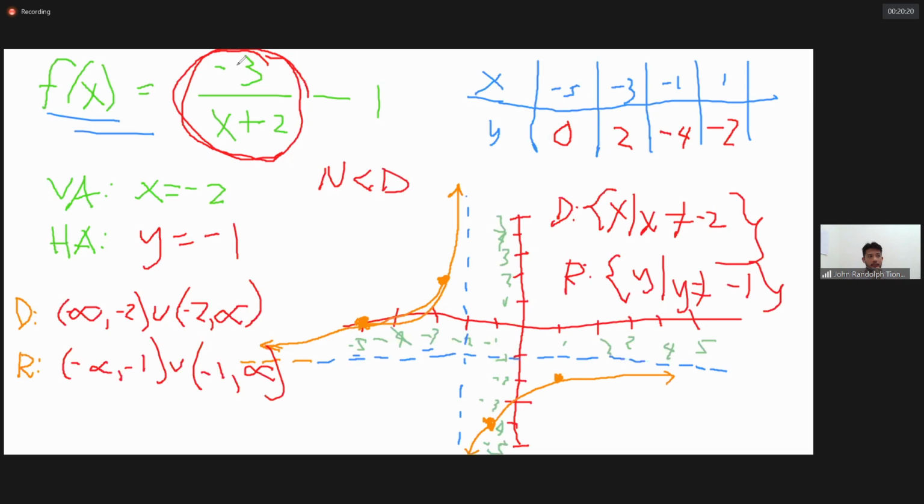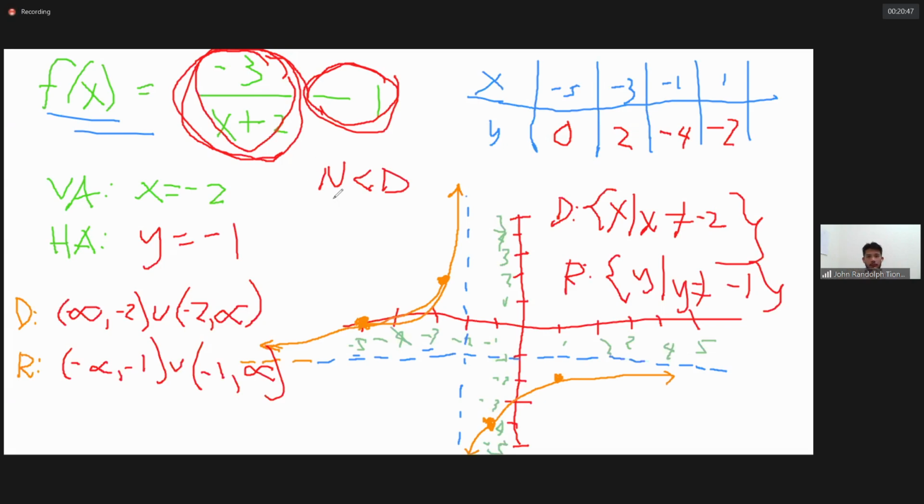Bakit? Kasi wala namang x sa numerator, di ba? So, if the degree of your numerator is less than the degree of your denominator, then it is equal to 0. Pero, may additional dito na -1. So, ibig sabihin, 0 na yun initially. Kung ito lang yung equation, 0 na yung horizontal asymptote mo. Then, you add your constant. So, 0 plus -1 is equal to -1. Alright?